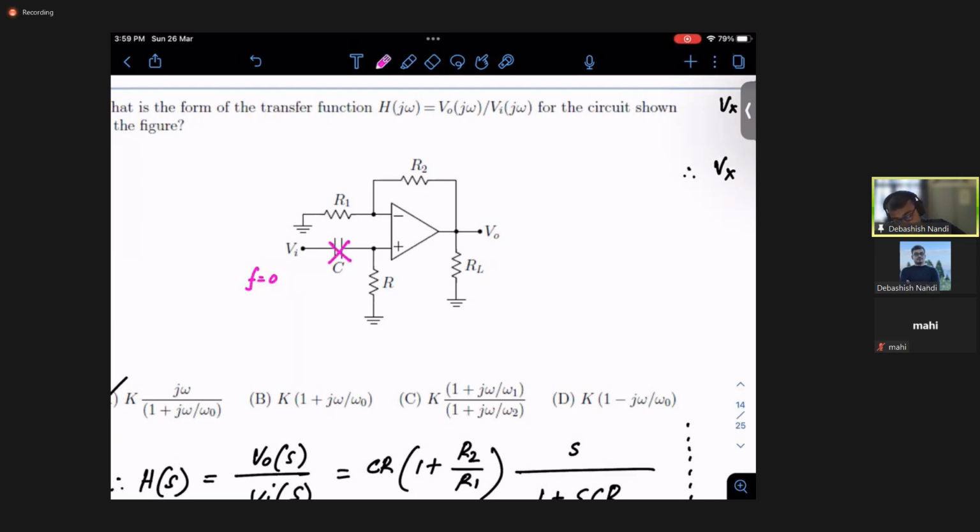Capacitor blocks your DC. So this is simply connected to ground with a resistance. So this is a ground, right? This is a ground. This will also be a ground. That means at f equal to 0, V out is 0. At f tends to infinity or very high, what will happen?